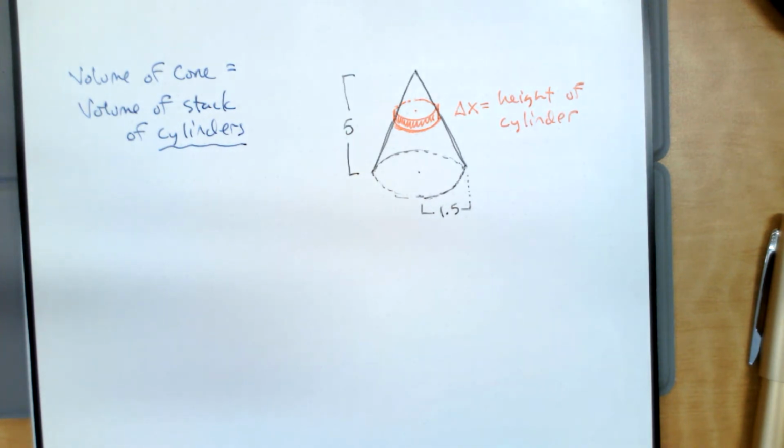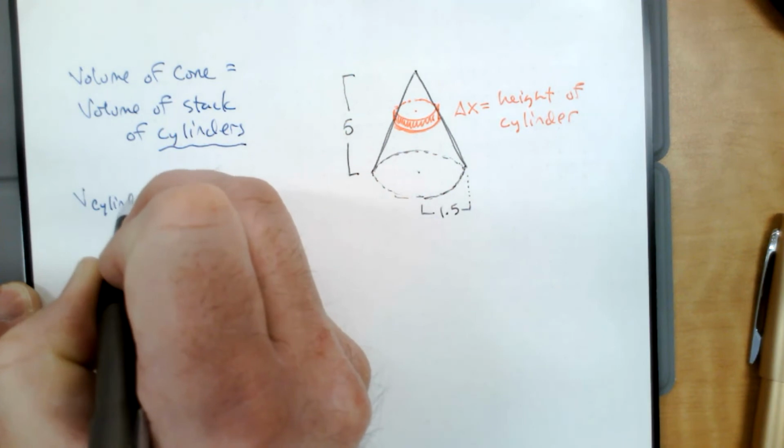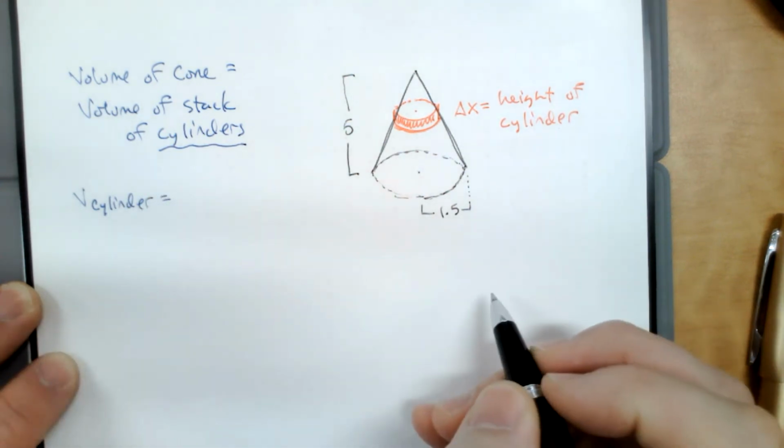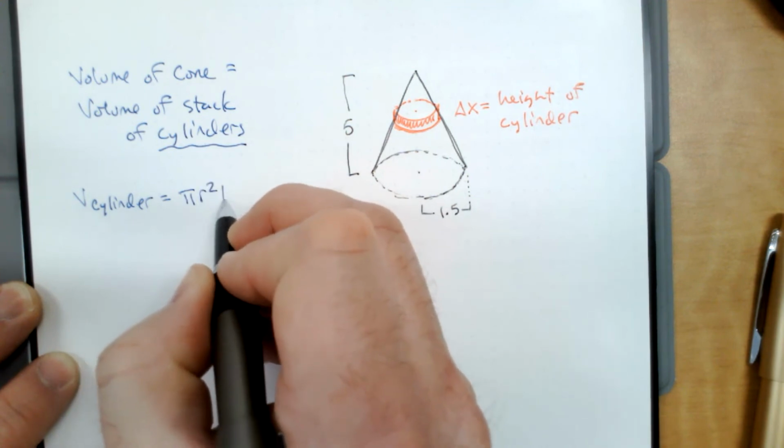So we'll calculate the volume of the cone by calculating the volume of this stack of cylinders. And so we'd start by writing down the volume of one of these cylinders. See, the volume of the cylinder is pi r squared times h.